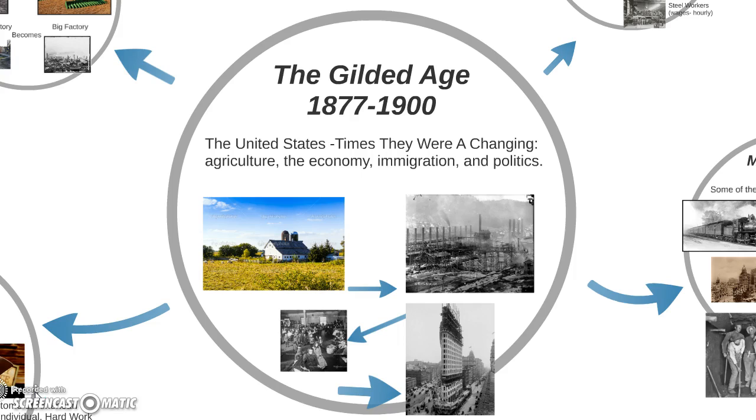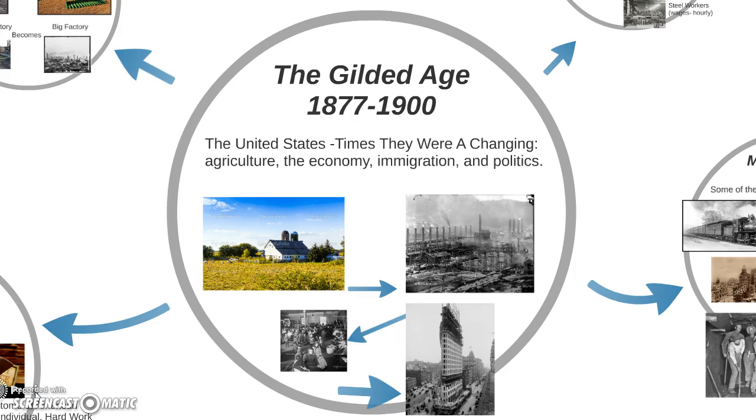So we're going to start with the idea that the change in the Gilded Age also led to what historians would call the apex of American industrial might. That is, the United States quickly grows to become the greatest industrial power in the world, and the nation with the greatest amount of wealth in the world.